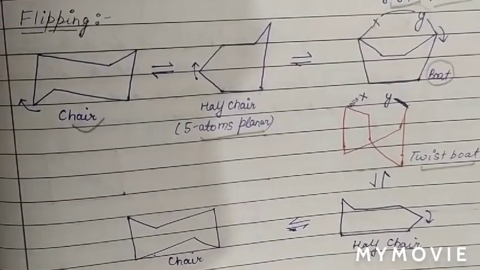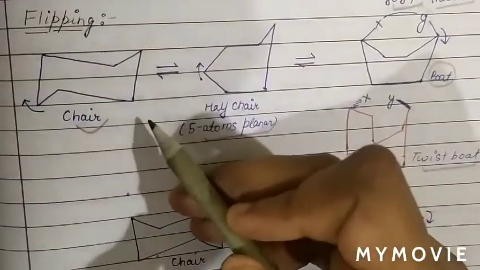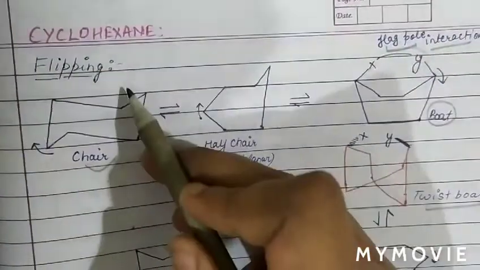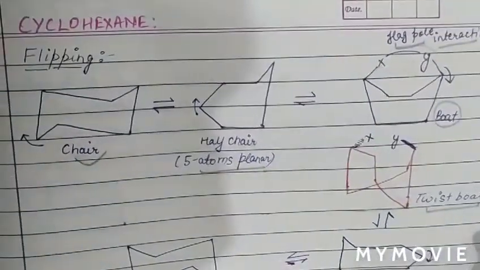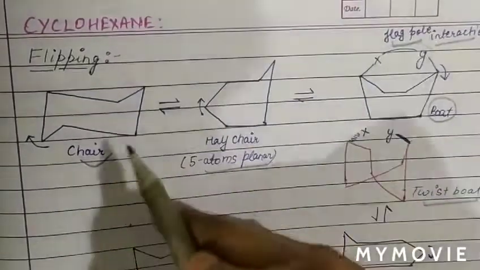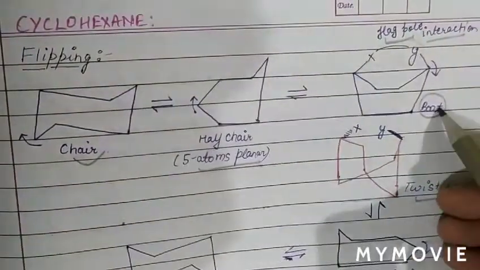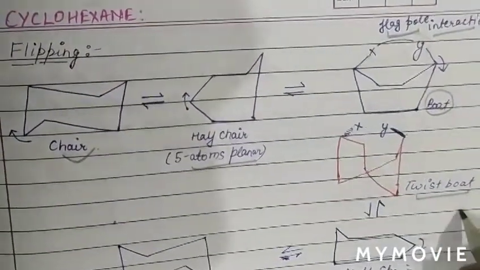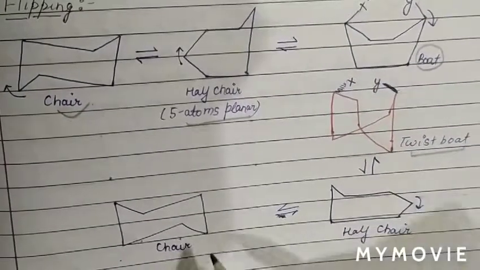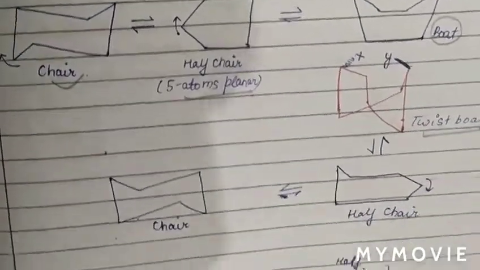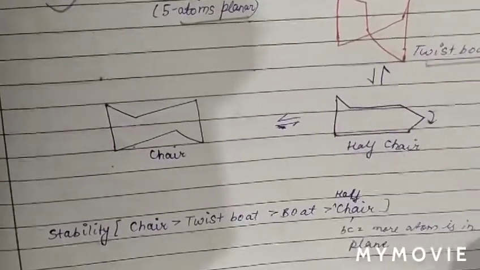So these are the conformational isomers of cyclohexane. Cyclohexane can be conformed into chair form, half chair form, boat form, twist boat form. And the stability order is very important, you have to remember.